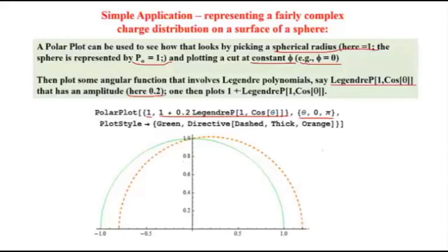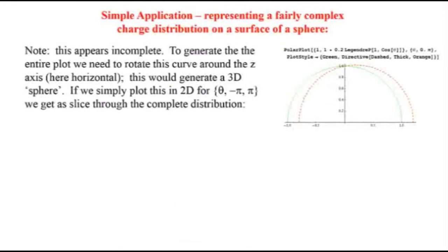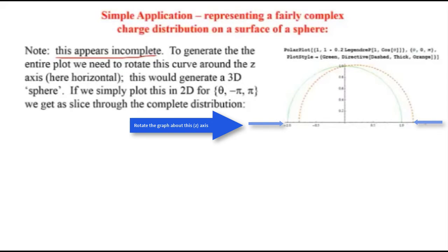But you might say that this really doesn't look right. This appears incomplete. And the reason is because this charge should be going around a sphere all the way around. So how do we get that? Well, you remember that we've chosen a particular phi. We chose this plane to be phi equals 0. So to generate the whole sphere of charge, we let the sphere and the charge distribution rotate about the z-axis.